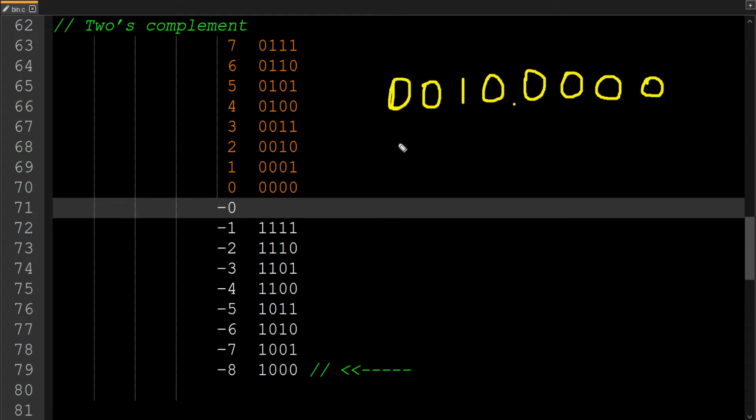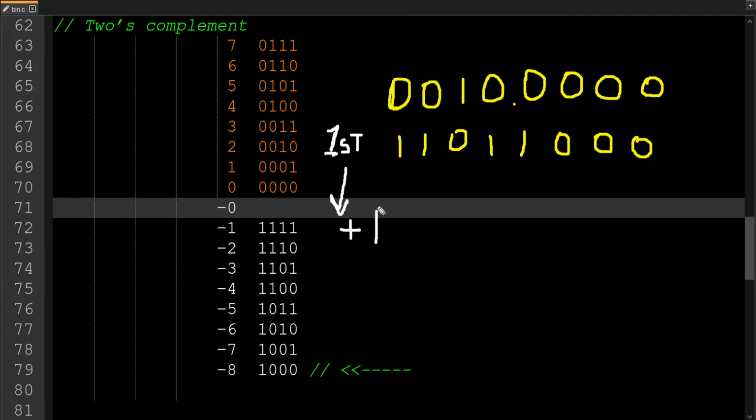To make the first complement you just invert all the numbers, so it becomes like this. So that's the first complement, and then to make two's complement, you just add 1. So to make two's complement we should just add 1 to this number, that's it.